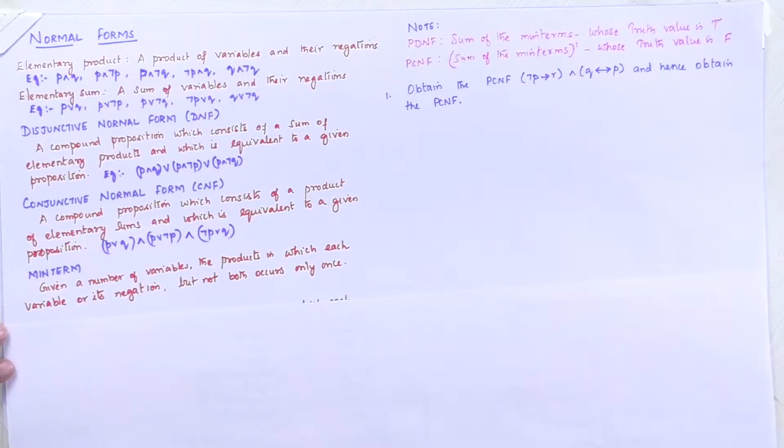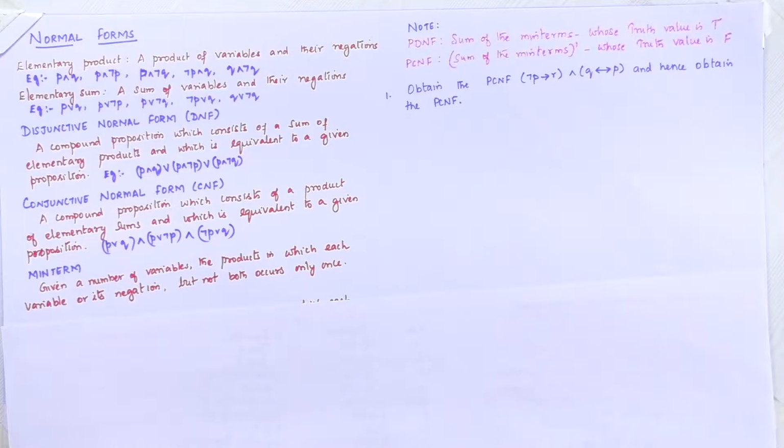I repeat it for your better understanding. What is meant by min term? We will be given a number of logical variables. With those logical variables, how do we get the min term? The min term is nothing else but the product in which each variable or its negation, but not both, occurs only once.